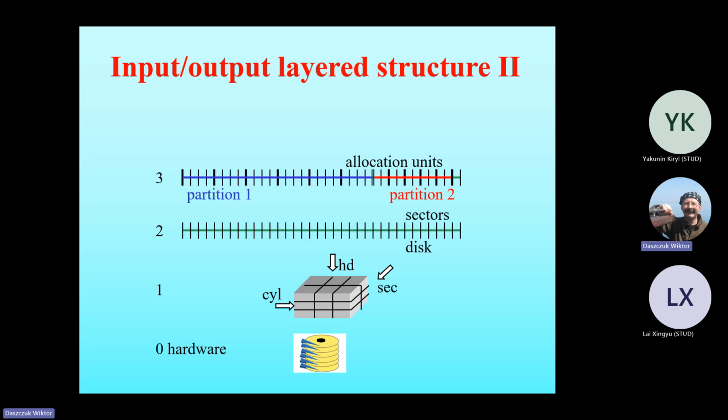The disk is divided into allocation units. Of course, it is a power of 2. And it can differ from partition to partition. Partition 1 has 4 sector units. Partition 2 has 2 sector units.